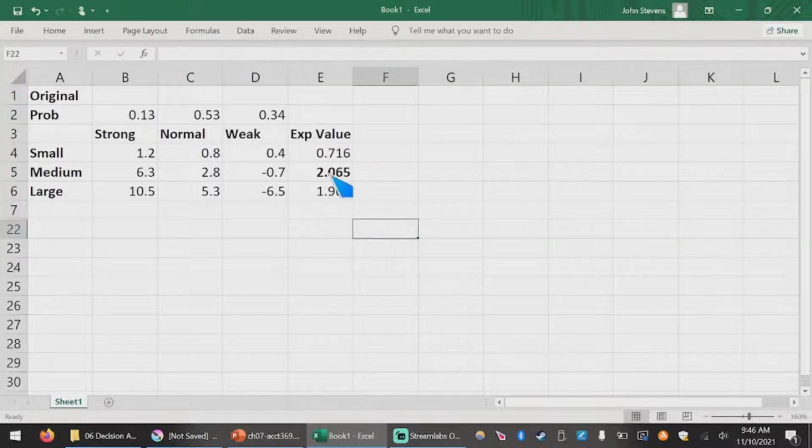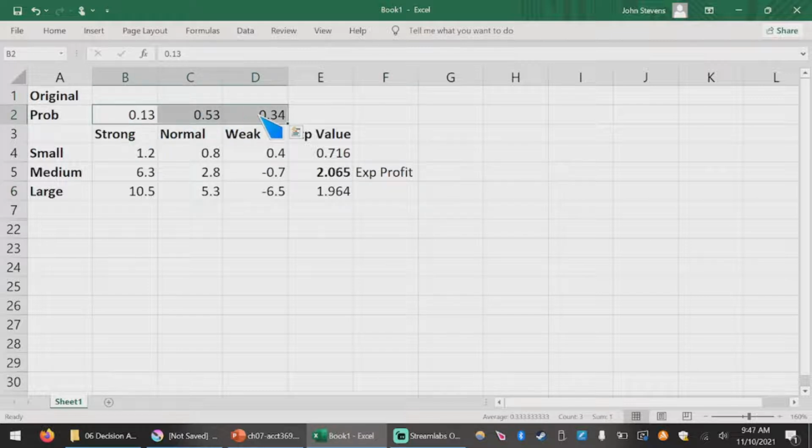So right now, without any survey or anything extra, she expects on average from one period to the next to make a profit of 2.065. That's her expected profit. Let's write it over here, maybe put my pen down. So if she does nothing, originally this is her expected profit. The question then becomes, with the market survey, can she update these probabilities?